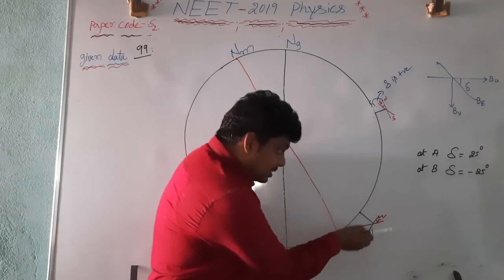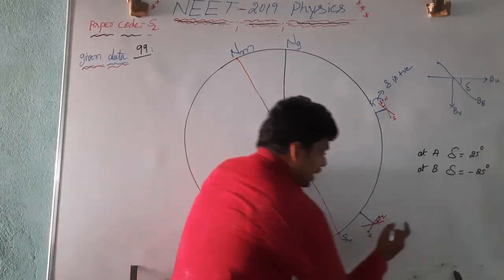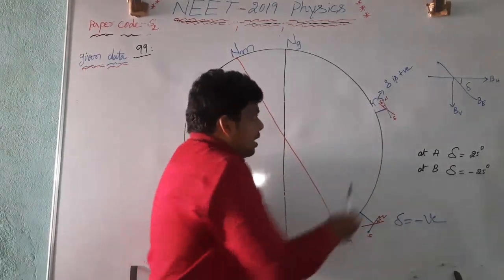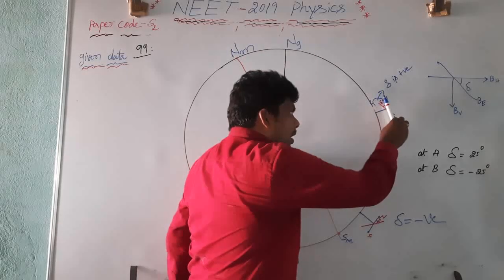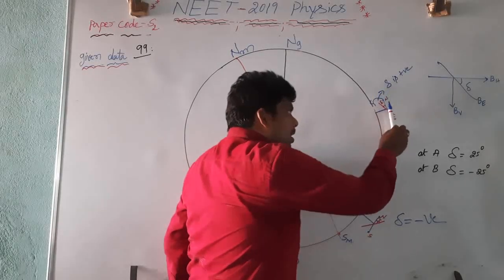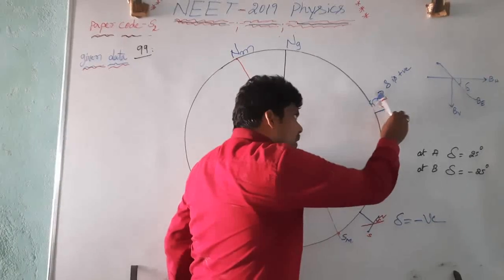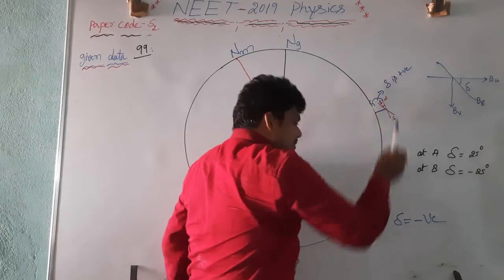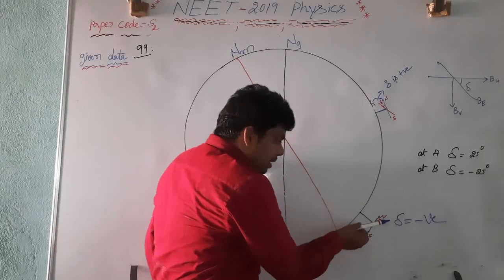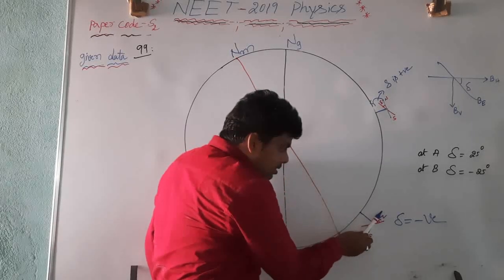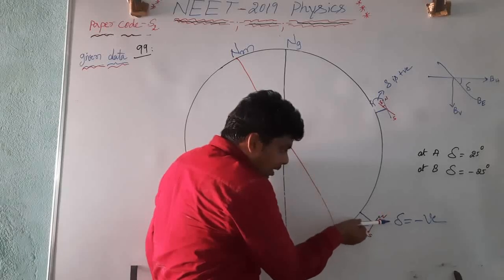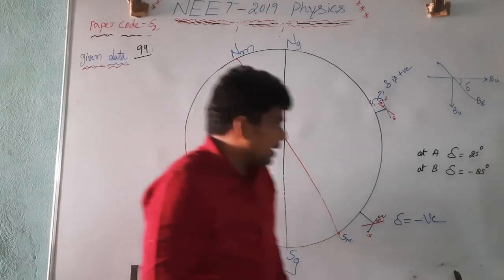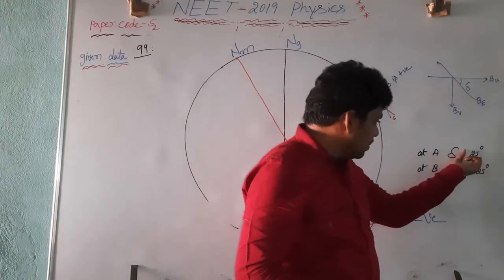That dip is considered as negative. Means that if the north pole of the compass needle points downwards, then we will say the dip is positive. If the north pole of the compass needle points upwards, then we will say that dip is negative.